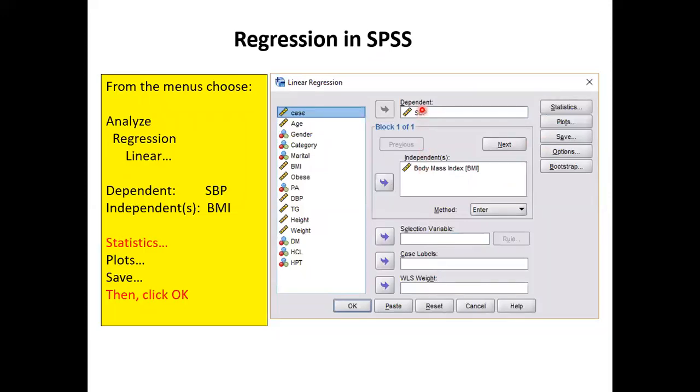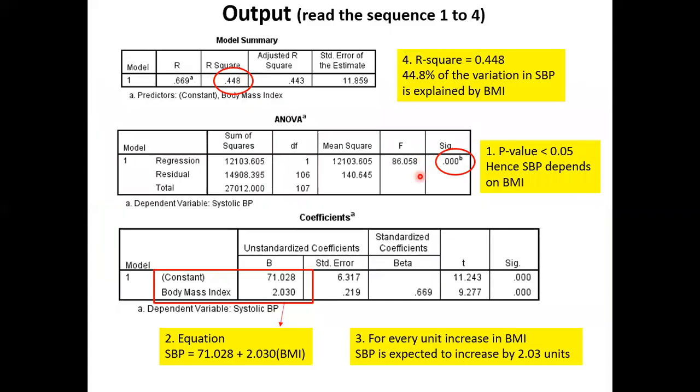BMI and BP. Here what I want to know is, does BP depend on BMI? So this is dependent, this is independent. So run the analysis. We look at three tables, there are a few more tables, but let's say we look at three tables first.